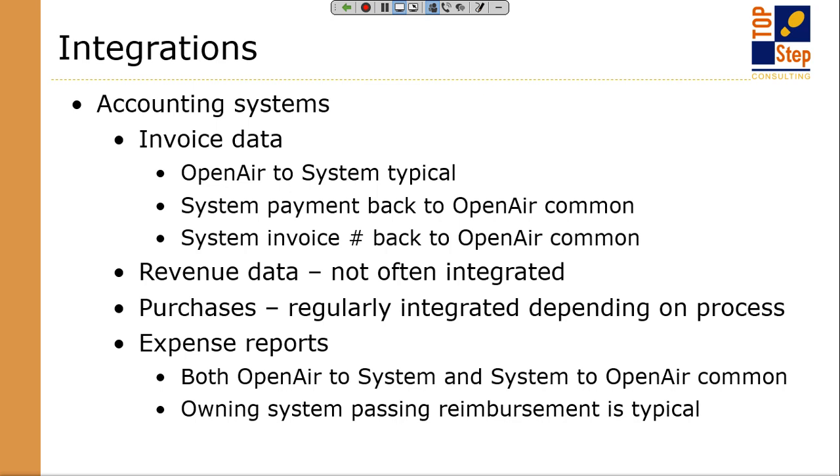And what people really like about OpenAir's invoicing is that it captures all of the time data exactly as it is, all the expense data exactly as it is. And a lot of times some of these other systems will summarize that data, and they can't necessarily deal with it on a line-by-line basis. And so it's very common for folks to have invoice data or actual charge data going from OpenAir to another system, an SAP or whatever it is that you're using.